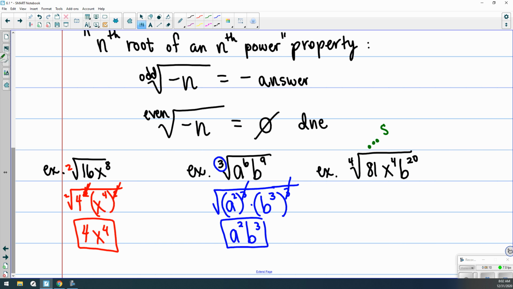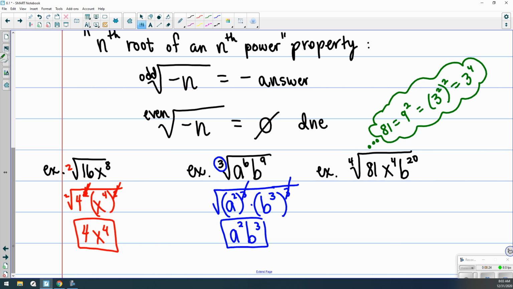Woohoo! 81 is 9 squared. And I know that 9 is 3 squared. So I can rewrite that as 3 to the 4th. Yay, I like that. That was good thinking. I promise you that by the end of the month, you are going to know 81 is 3 to the 4th, like the back of your hand.